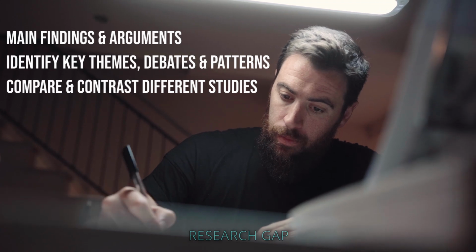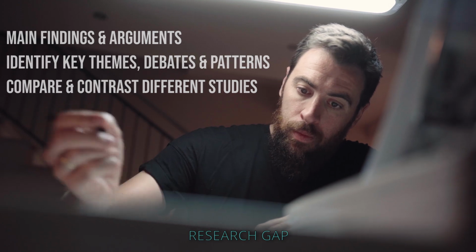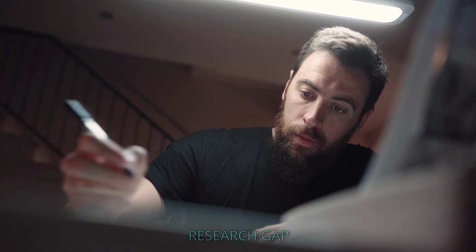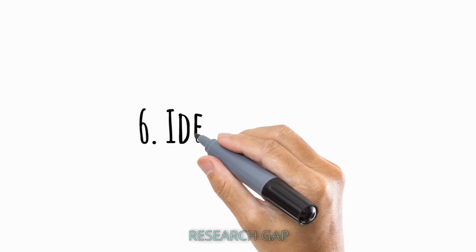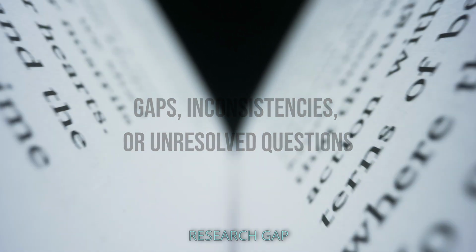Identify key themes, debates, and patterns across the sources. Compare and contrast different studies, noting their strengths and weaknesses. 6. Identify gaps. Highlight any gaps, inconsistencies, or unresolved questions in the existing research. Discuss why these gaps are significant and how your own research could contribute to addressing them.